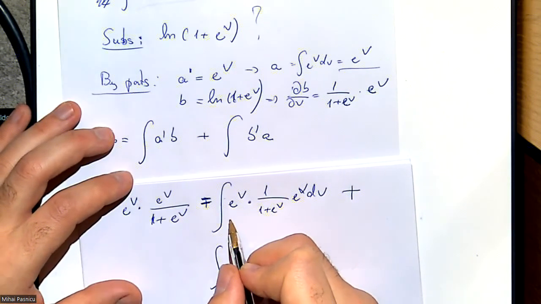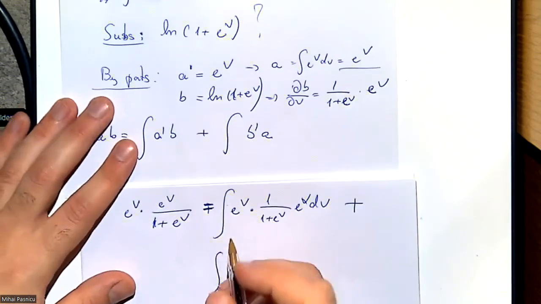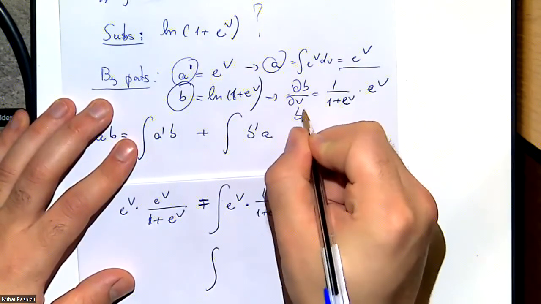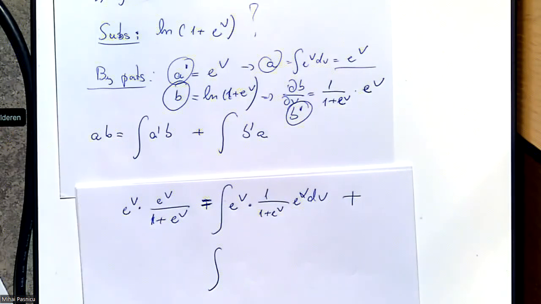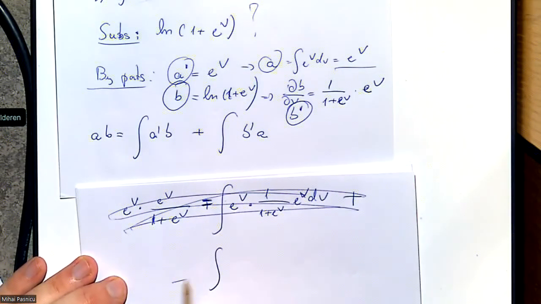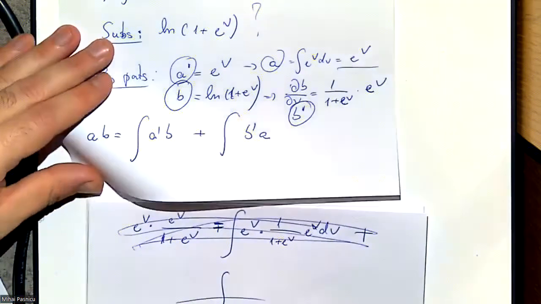Sorry about that. I completely messed up. So this is my B, this is my A, this is my A prime, this is my B prime. Sorry about that. What can I say? Happens to the best of us. No problem. I just go again.